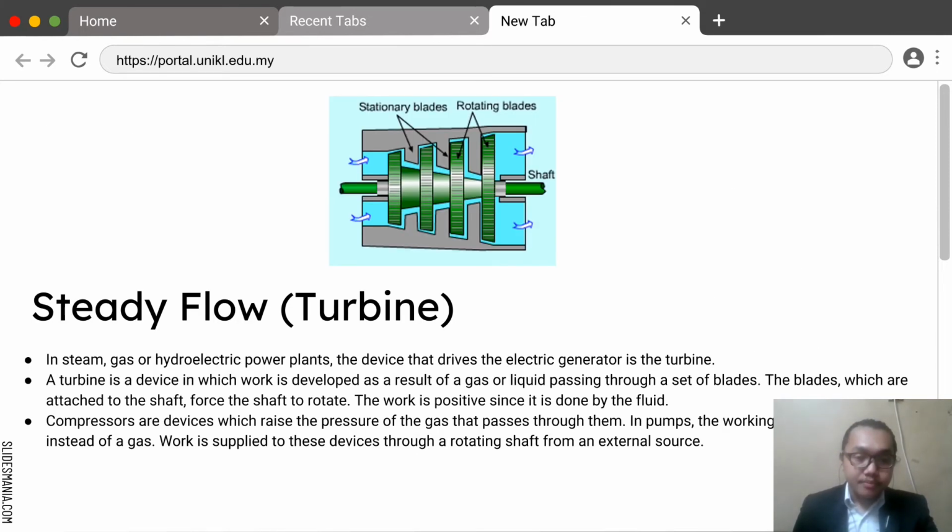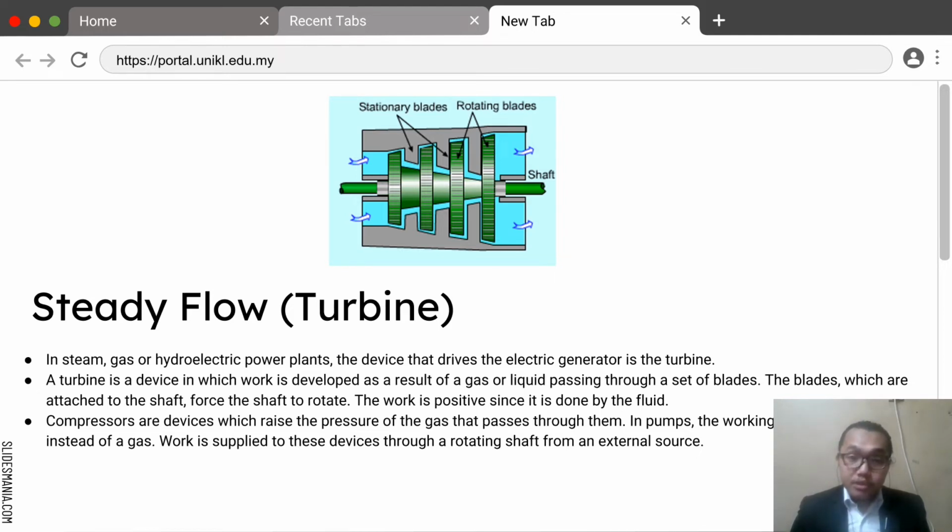Next slide. In steam, gas or hydroelectric power plants, the device that drives the electric generator is the turbine. A turbine is a device in which work is developed as a result of a gas or liquid passing through a set of blades.